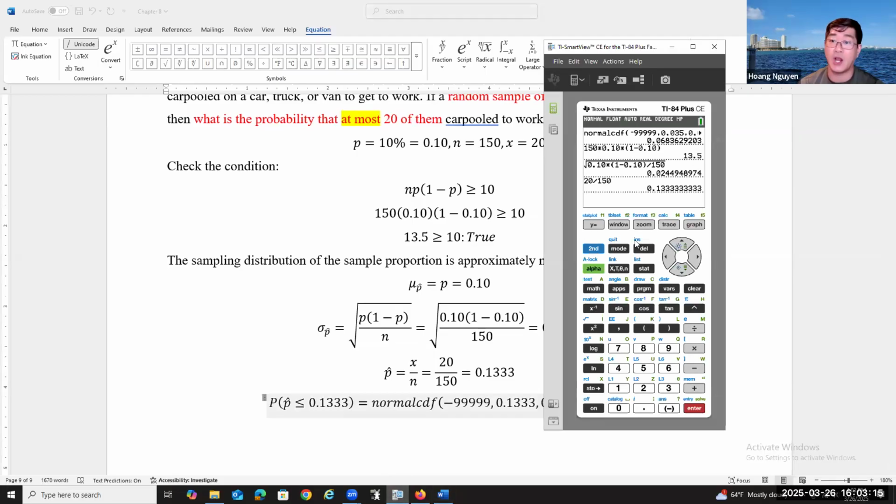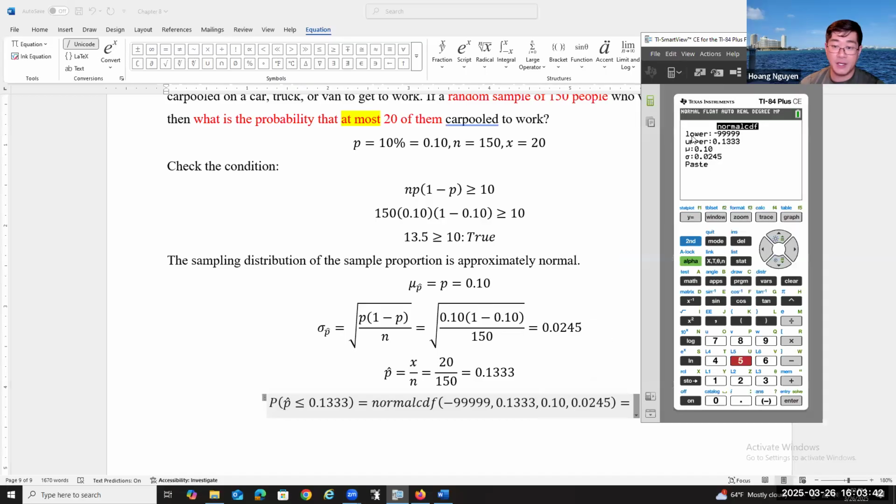Now we're going to use the normal CDF, option 2. The lower bound is negative 9999. The upper bound is 0.1333. The mean is 0.10 and the standard deviation is 0.0245.